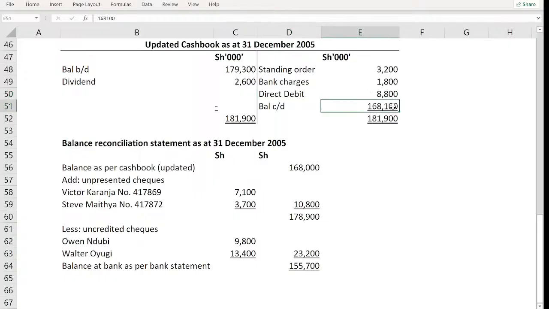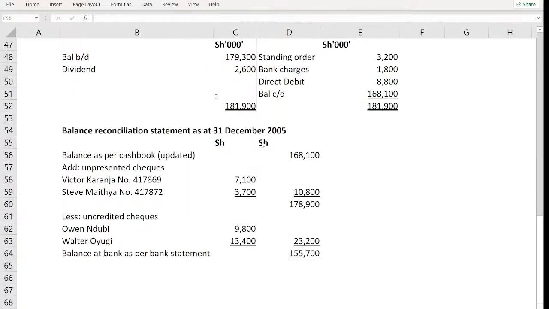So this one, the one that we have carried down, it will be 168,100. Let me confirm that. Okay, so the balance as per cash book updated is 168,100.